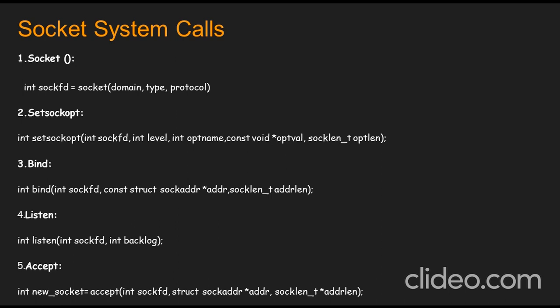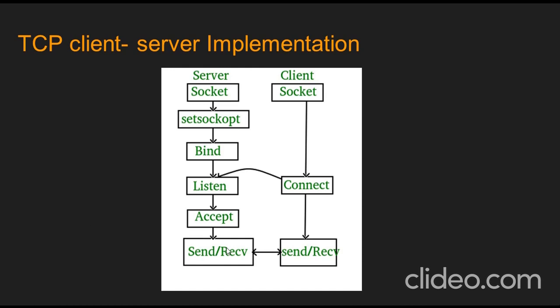And the next one is the TCP client and server implementation. Here is the diagram which shows the client-server implementation. If we are creating a connection between the client and server using TCP, it has a few characteristics. TCP is suited for applications that require high reliability, where transmission time is relatively less critical. It is used by other protocols like HTTP, HTTPS, FTP, SMTP, and Telnet.